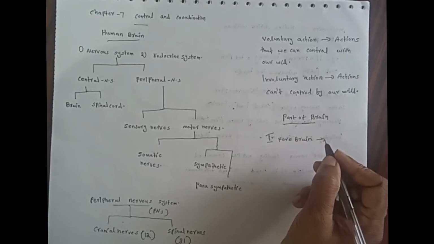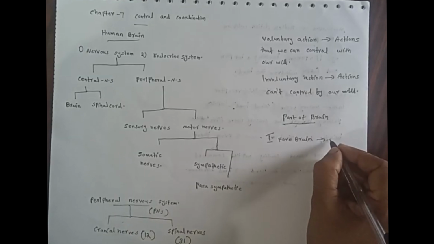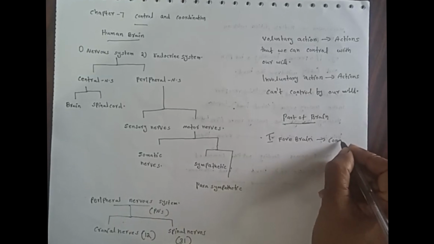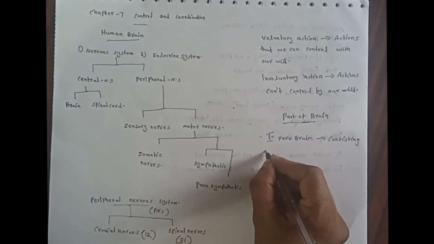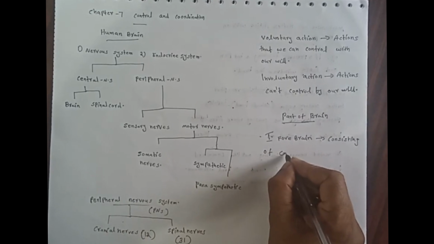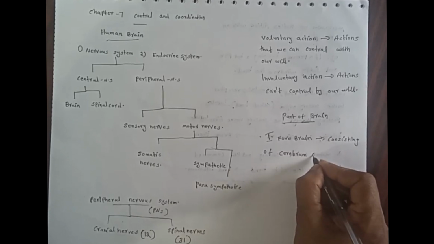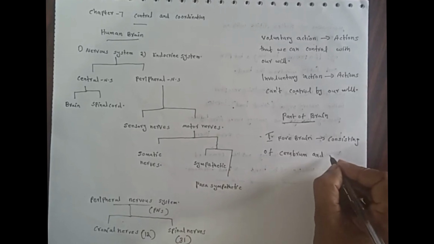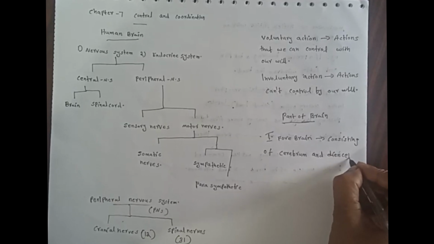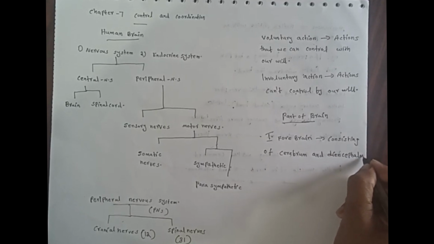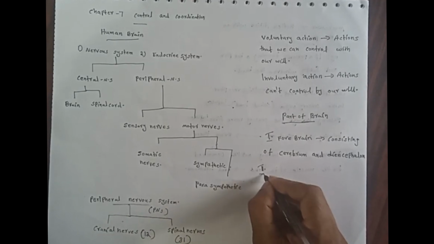Forebrain consists of cerebrum and diencephalon.